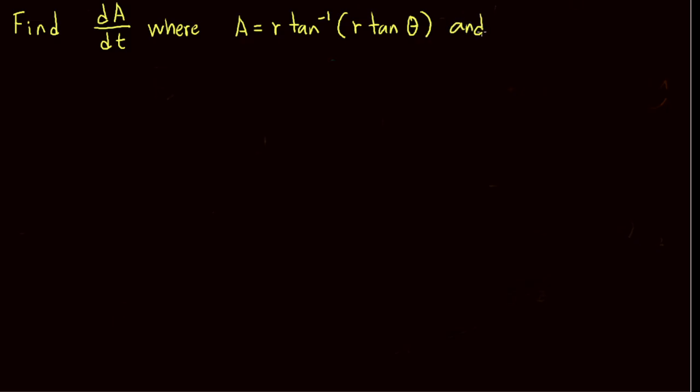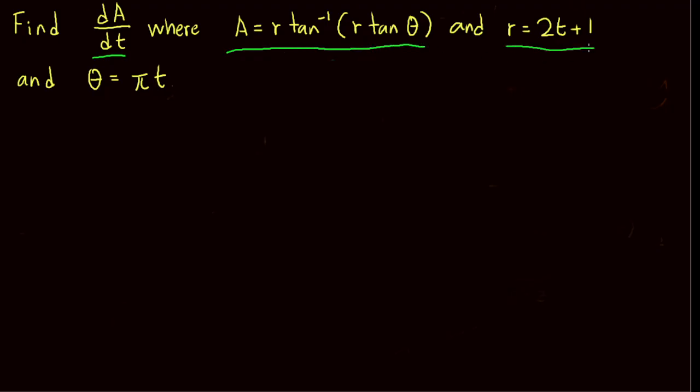It is given that R is expressed in terms of t as 2t plus 1, and theta is expressed as pi t. So we're supposed to find dA/dt where A is expressed in terms of R and theta, but R is expressed in terms of t, and theta is also expressed in terms of t.